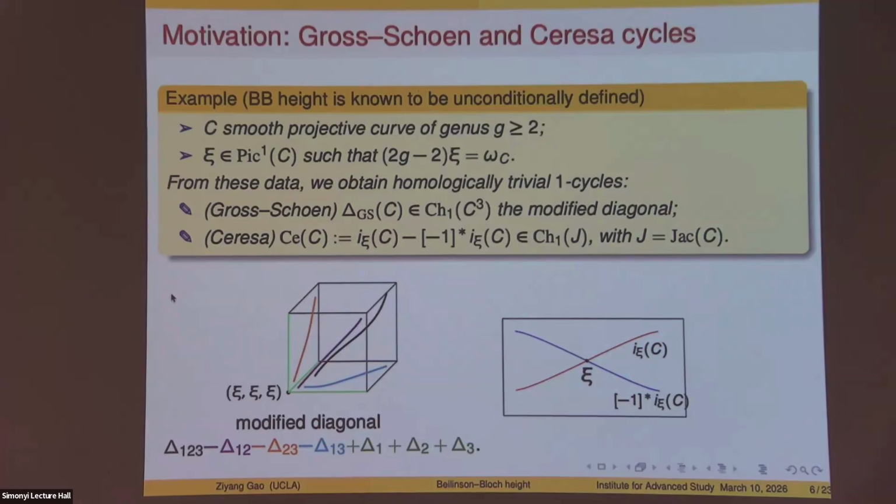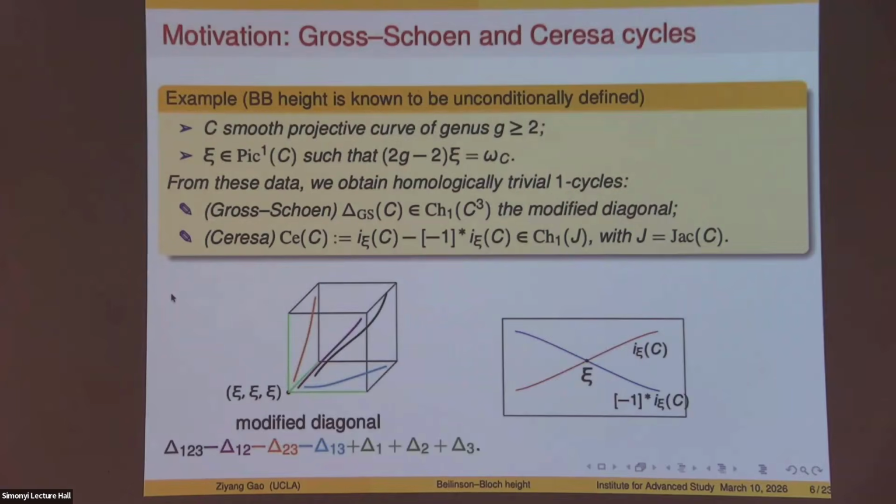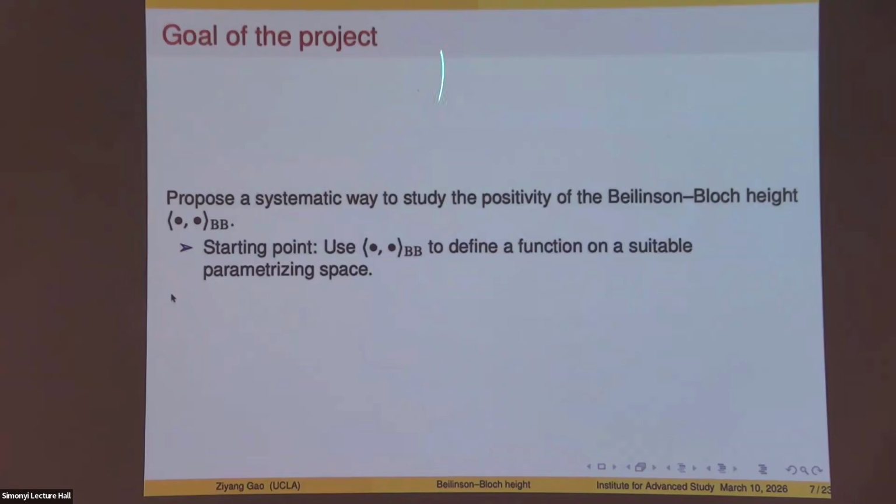Okay, so these 2 cycles, a priori, are very different. They even lie on different spaces. Why do I say that they're similar? Well, first of all, they will be simultaneously torsion, and secondly, their heights will be proportional. I'm going to write it down later on, but here, let me first say the goal of our project.